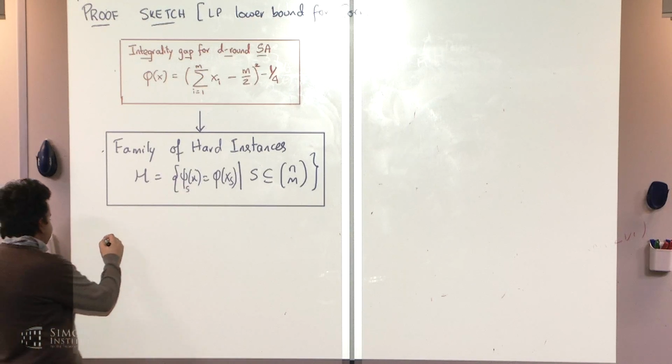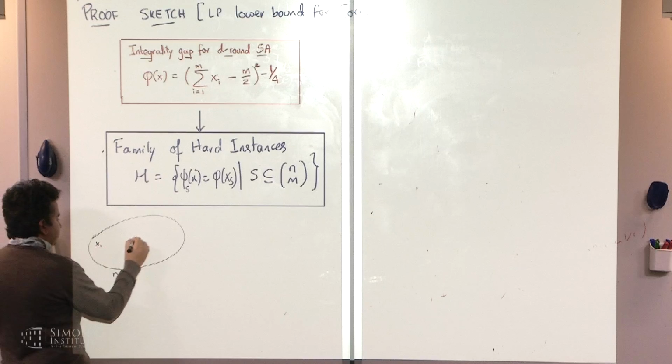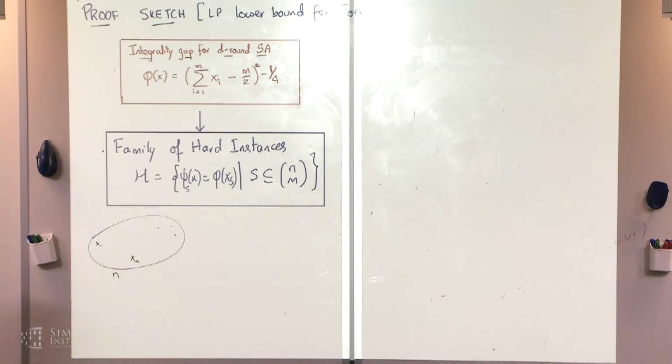Well, what are these? You have n variables, x1 through xn, and you have a function that only depends on m variables. m is like 1,000 or something.